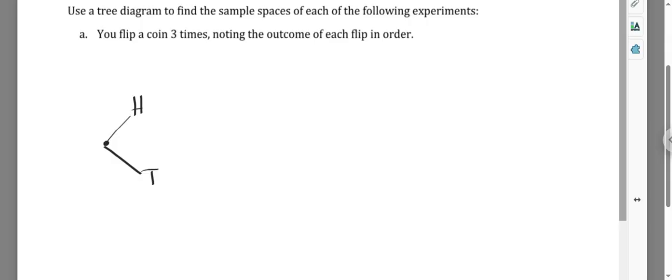After that, we do it again. So we still have the same 2 options, heads or tails. It's just that the sample space is going to determine, do we get heads first or tails first? So then we look at a third flip, again have the same two options.